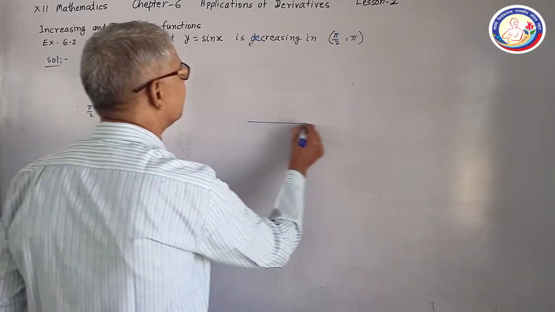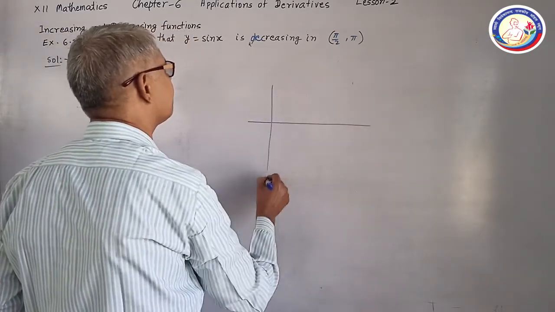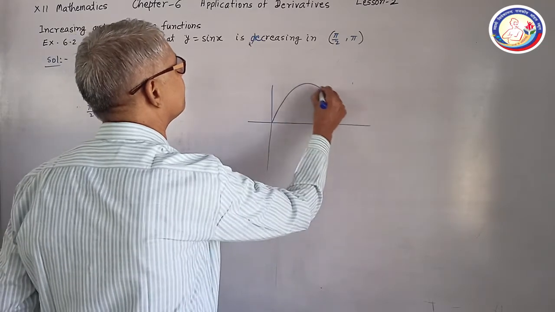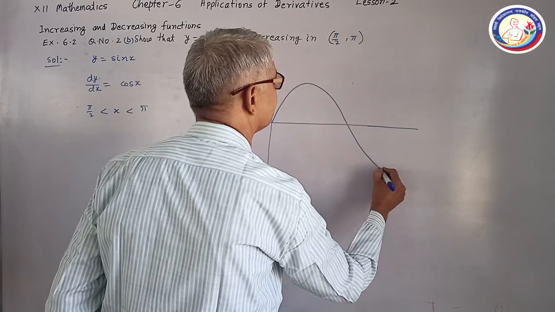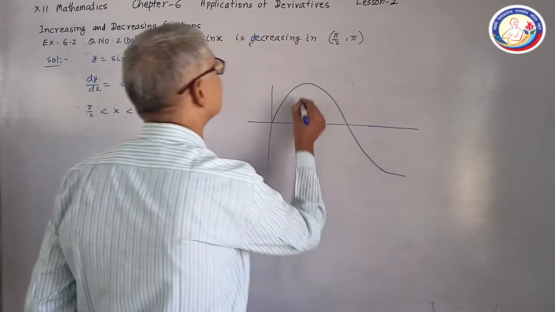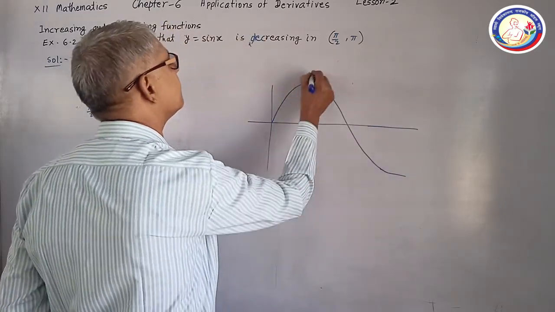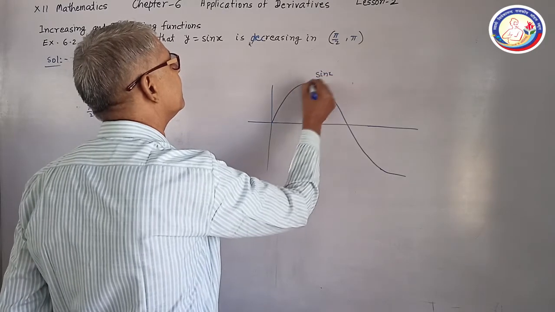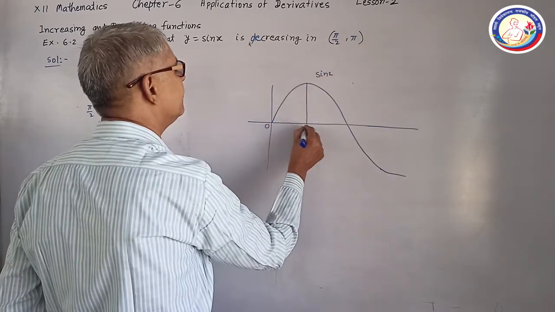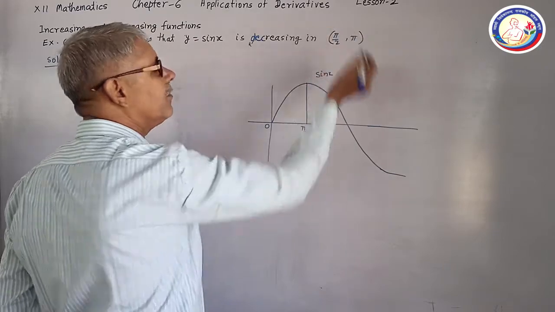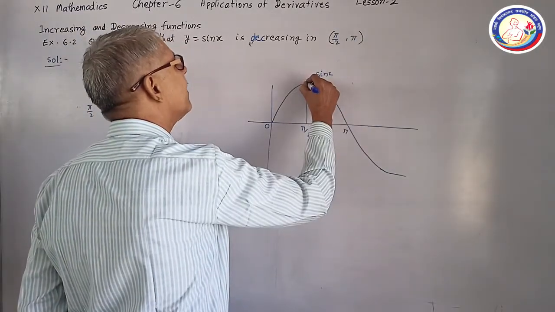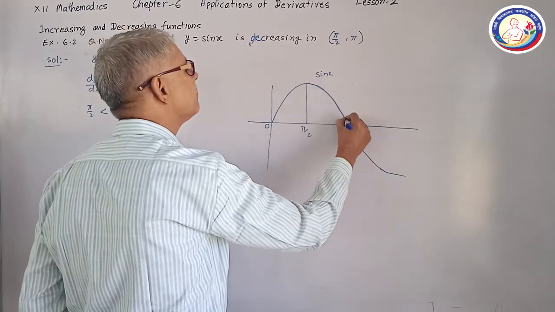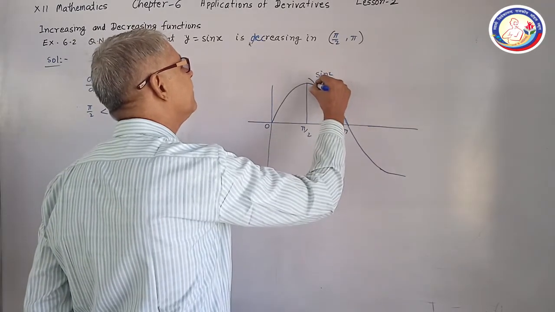Say this is the graph of sine. Sin x. Up to 0 to pi by 2, it is increasing because the value of sine increases. And from pi by 2 to pi, the graph is decreasing. Its slope is negative here.